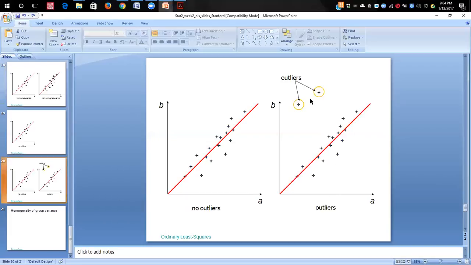It happens when there are outliers, and the homoscedasticity is represented when there are no outliers in your sample, in your independent observations of the different groupings of your study samples.